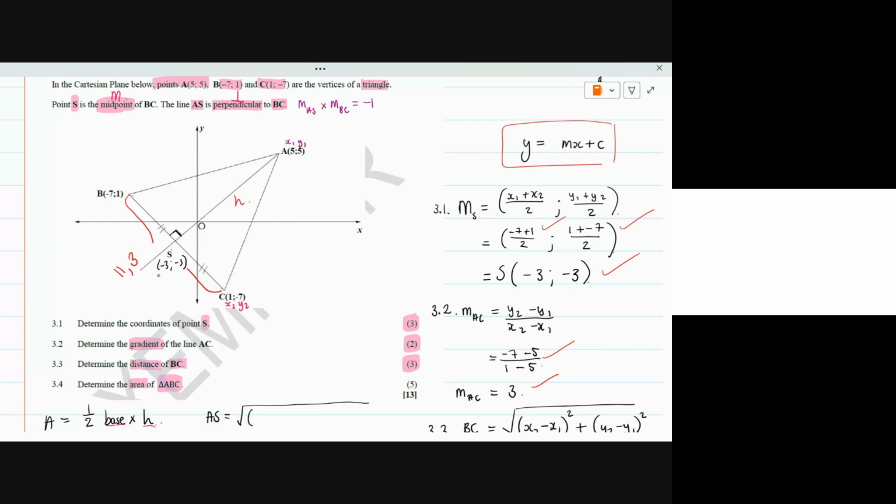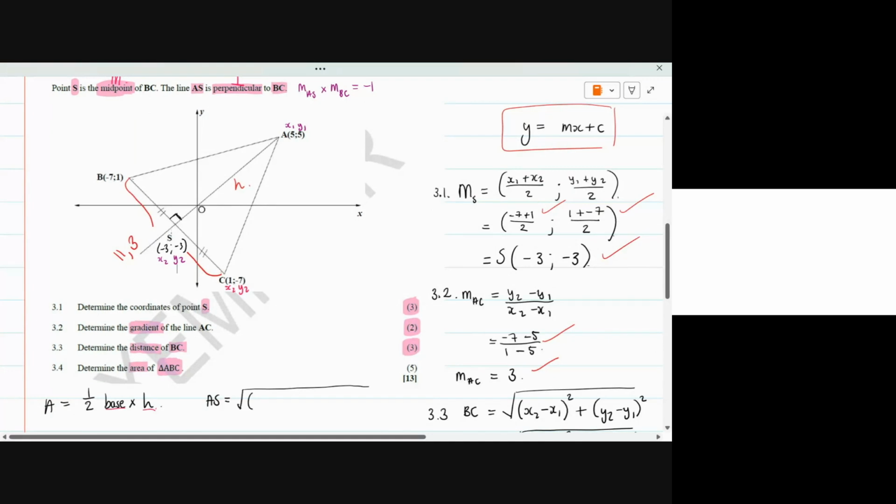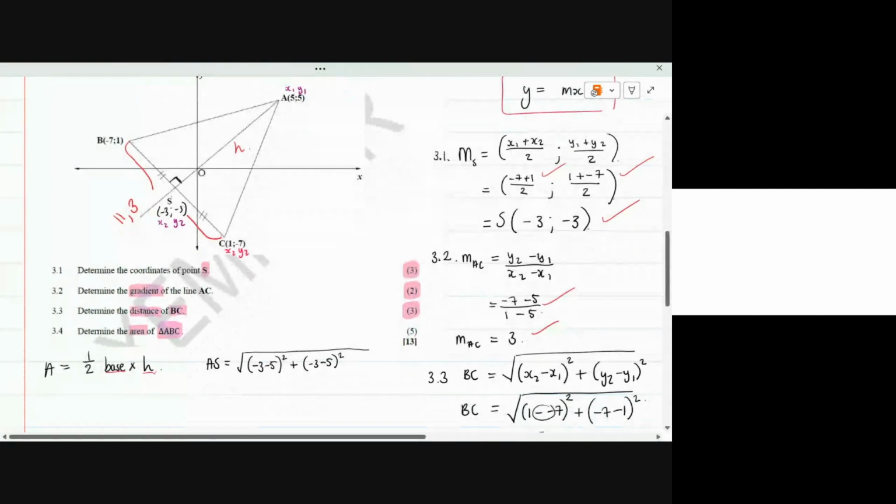Y2, there we go. So now I'm going to get -3 plus... minus 5. Oh, sorry. I feel like that should give me the exact same answer that we got.